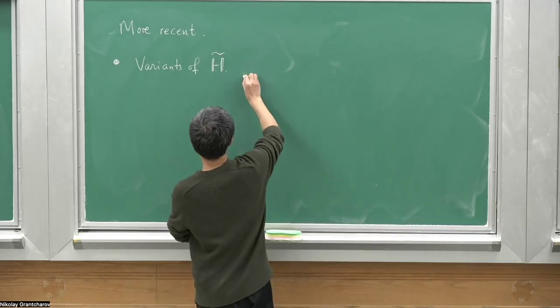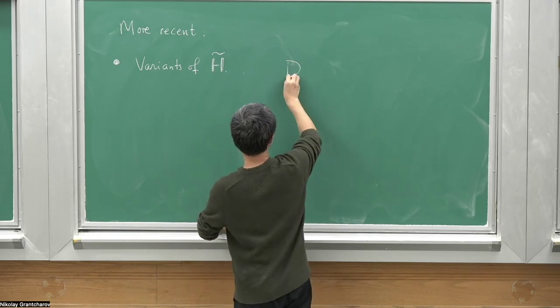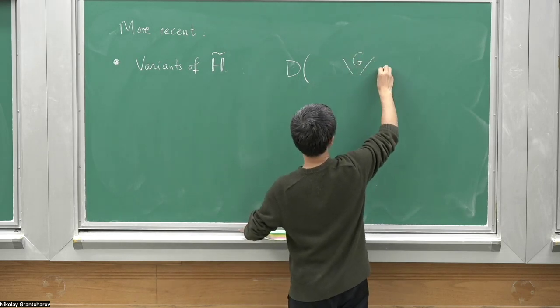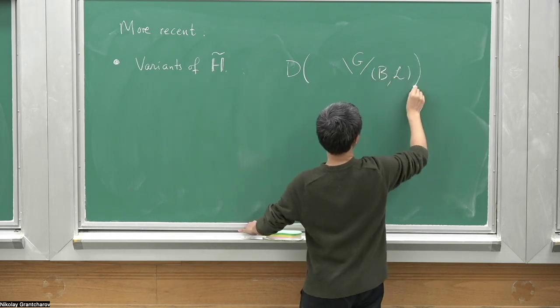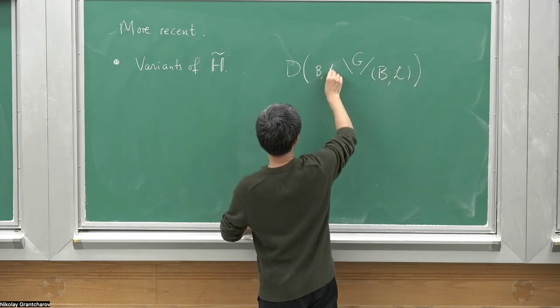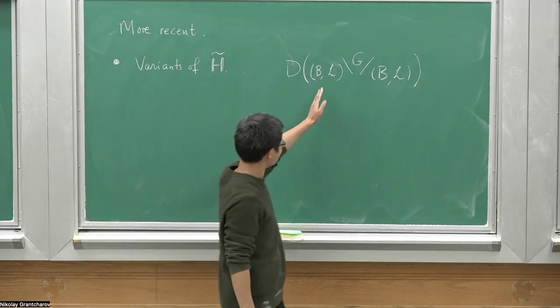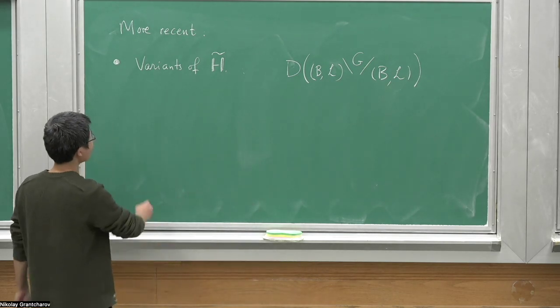About Lusztig, where instead of G mod B, we fix some local system on the torus and consider strictly monodromic sheaves, with respect to a local system on both sides.